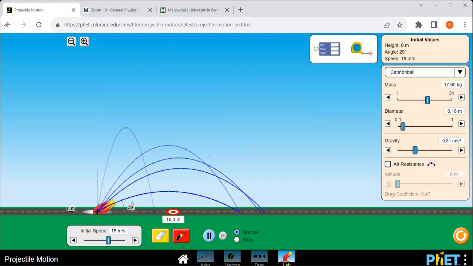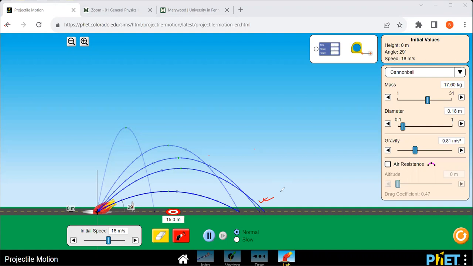It makes sense, right? This tells us that if we don't change the initial speed, we get the maximum range when we project the object at a 45 degree angle.